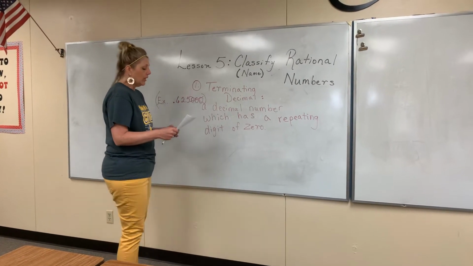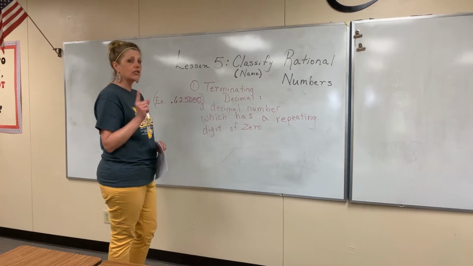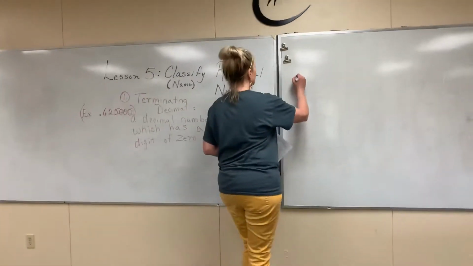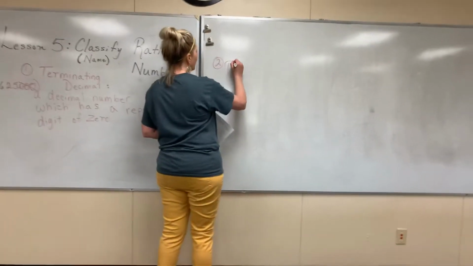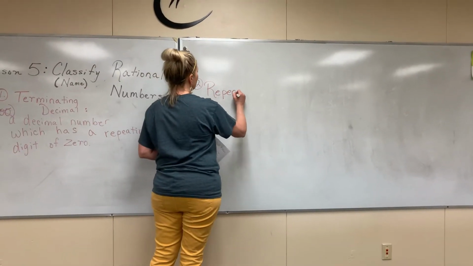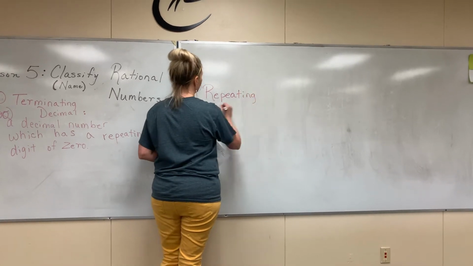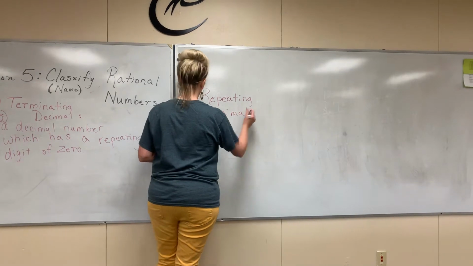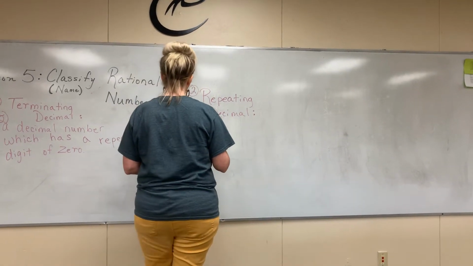Okay? All right. Now let's talk about a repeating decimal. That's going to be our second word for the day. A repeating decimal. All right. So here's the definition for this one.